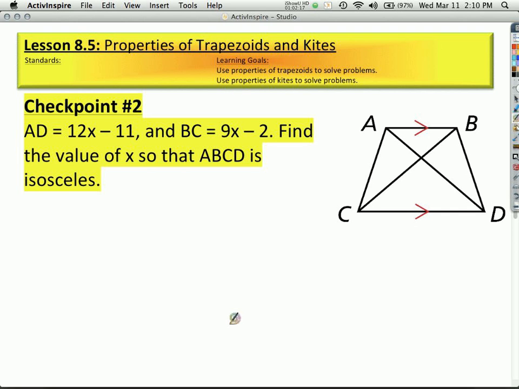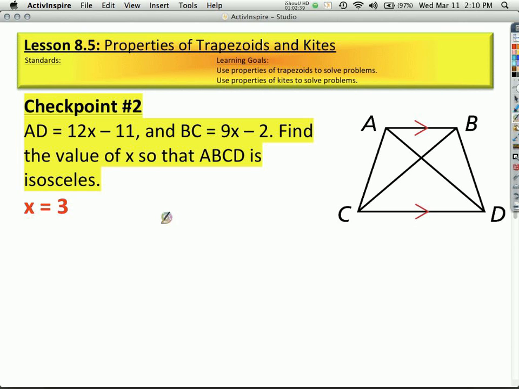X equals 3. X equals 3. Any questions or comments on checkpoint number 2? Give me a thumbs up if you got that right. So I had a legitimate reason for going quickly through the second example because I knew that you guys would be okay. So put your thumbs down.